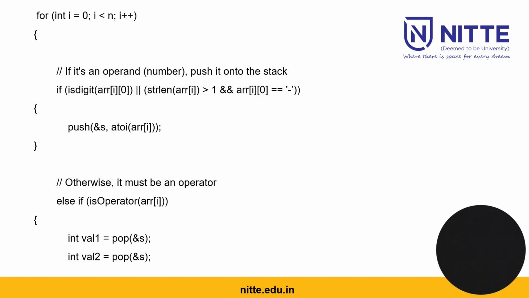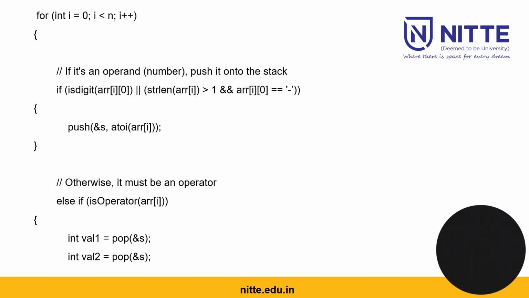Otherwise, it must be an operator. So that is why we will write else if is operator. Whatever we have encountered at array of i, if it is an operator, then we will pop the top two elements from the address of the stack. So pop of s, and we will assign it to value 1.